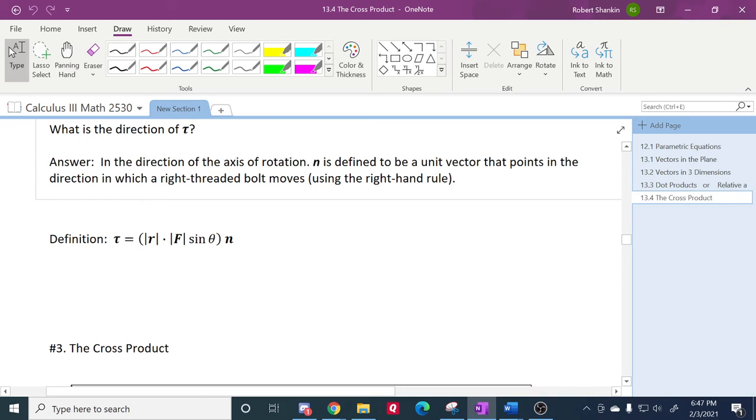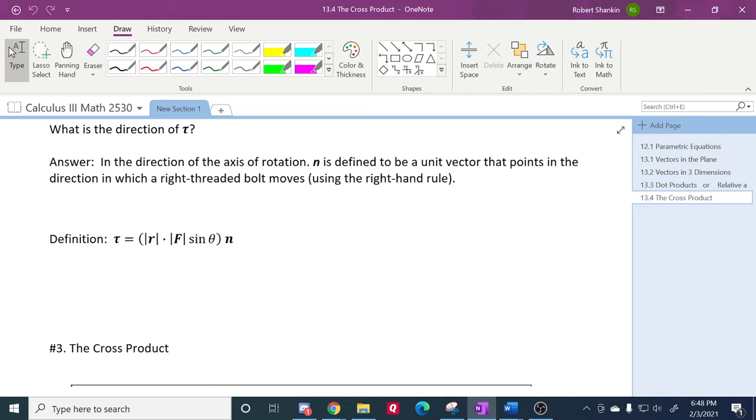Okay, so any two vectors make up a plane. So you have R and F, and you can always put a sheet of paper through those two vectors.